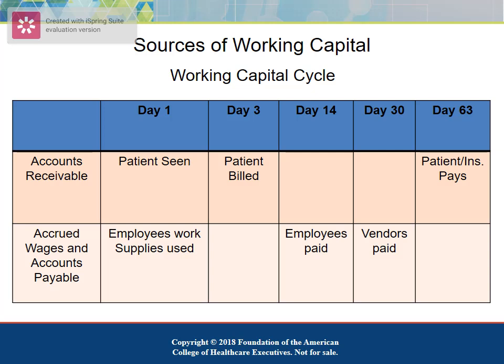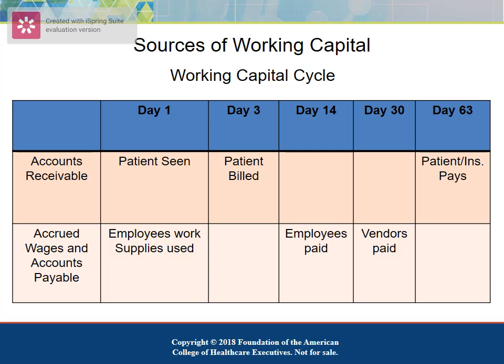And then on the expense side, wages are going to be our most substantial, as well as regular vendor accounts payable. So when we look at accounts receivable, we're going to see the client, that patient, and then we're going to possibly have some pre-authorization from insurance for that.